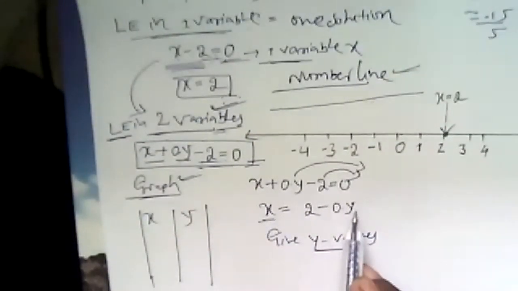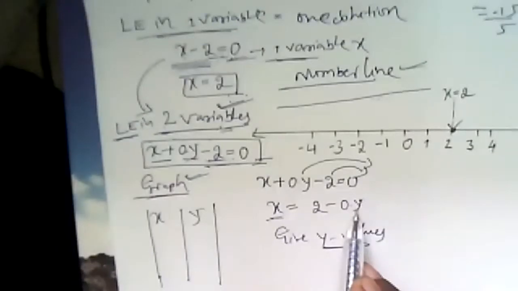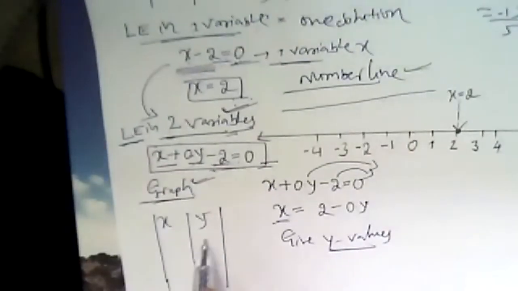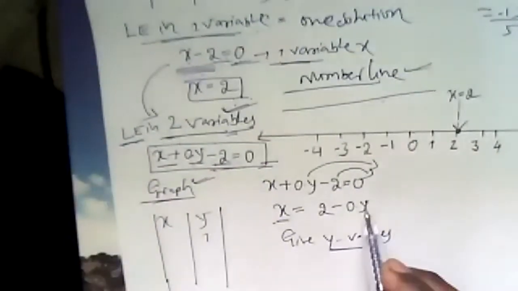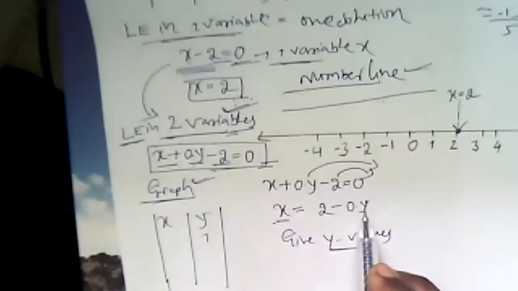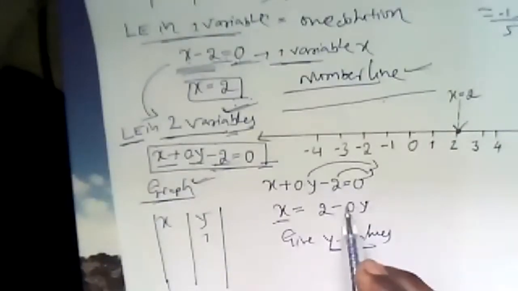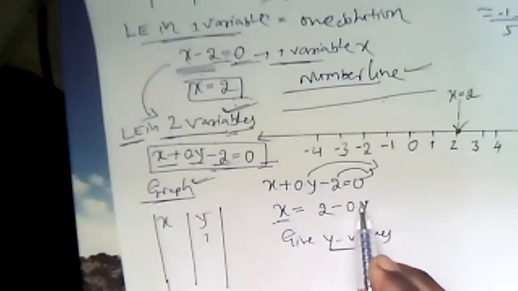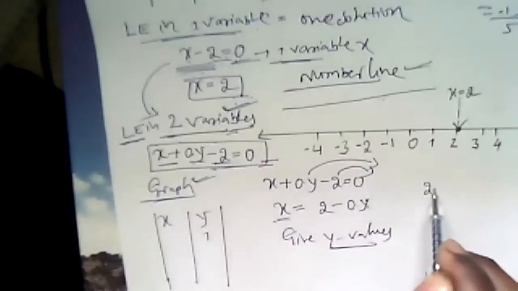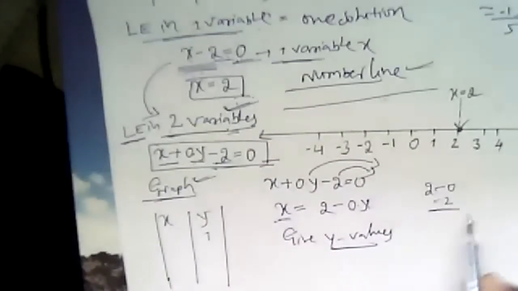What value should be given for y? You can give y is equal to 1. Then 1 into 0 is 0. Here the coefficient of y is 0, and we are giving values for y only. So 2 minus 0 becomes 2.